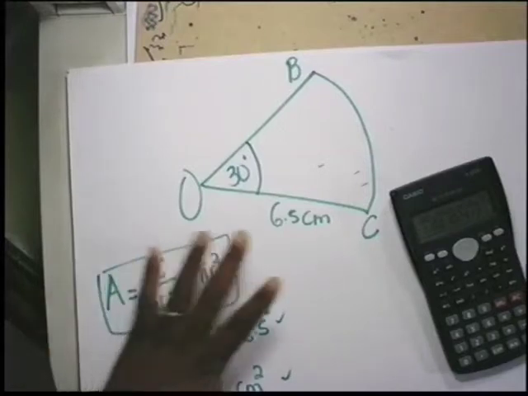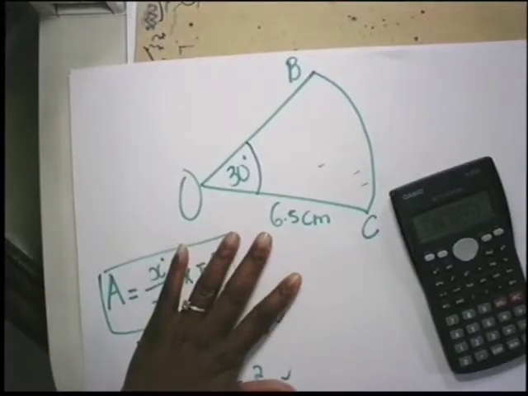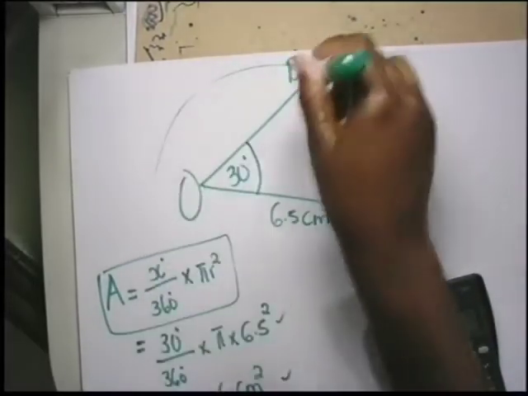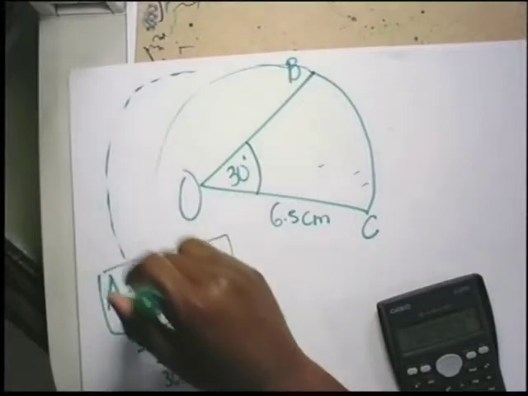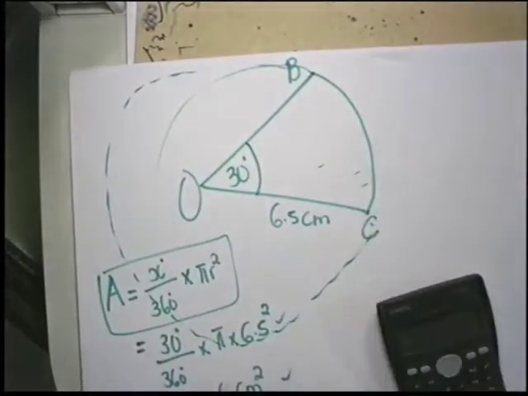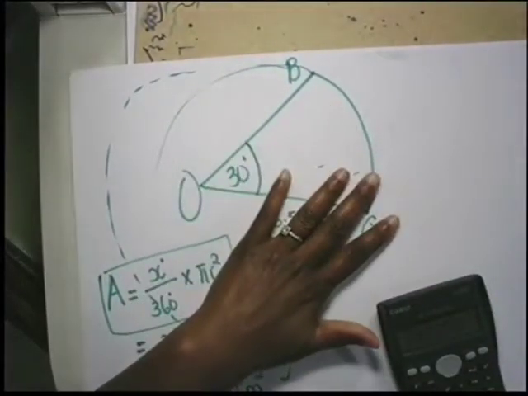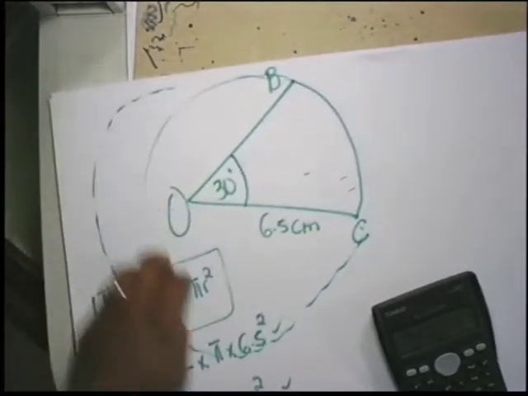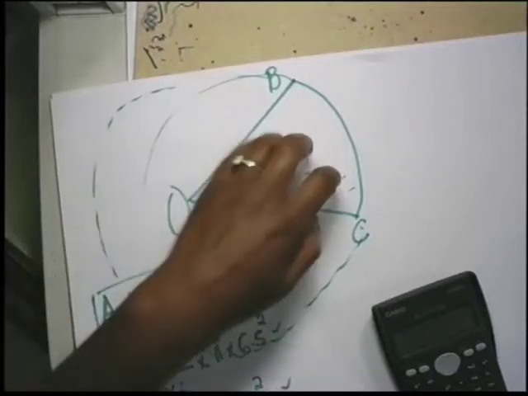Now when it comes to this type of questions in the examination or in the assignment, sometimes you will be given a full circle, and then they'll only look at a part of it. Maybe you'll be asked to work out even this other part, the bigger sector or maybe the smaller sector.